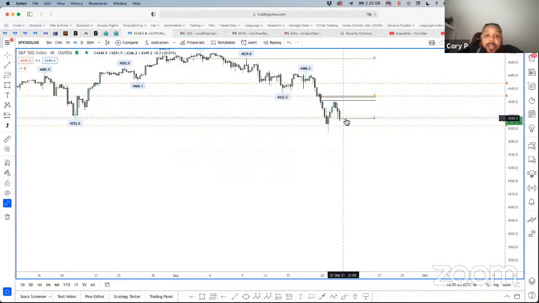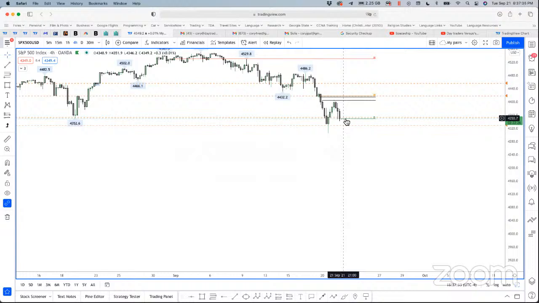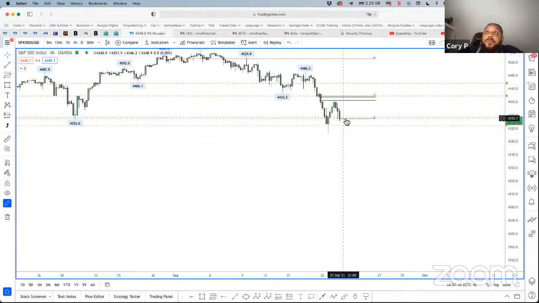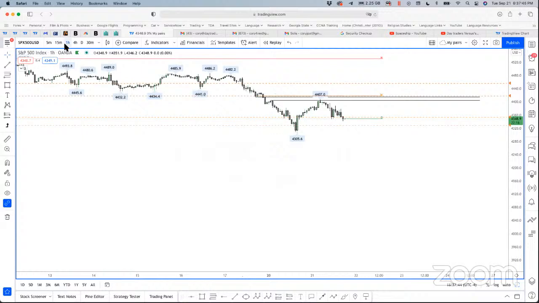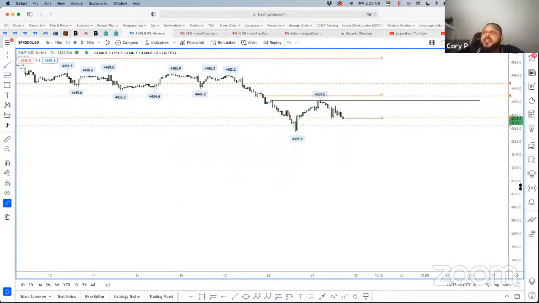But again, still had a chance to make 200 pips out of it. You see what I'm saying? Even without necessarily being in the right direction at the moment. So that's what you gotta do.